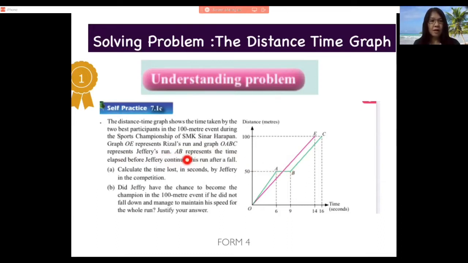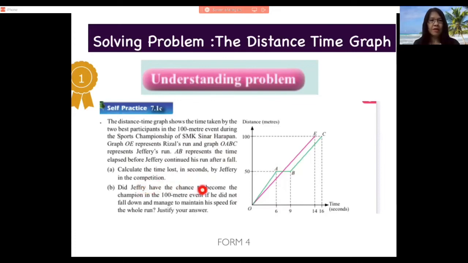Calculate the time lost in seconds by Jeffrey in the competition. This is quite easy. You just observe AB and take 9 minus 6, so the time lost is 3 seconds. Part B is a bit challenging because it's a bit HOTS.